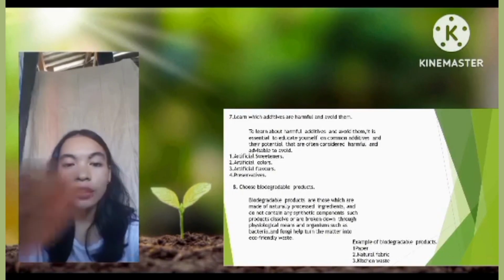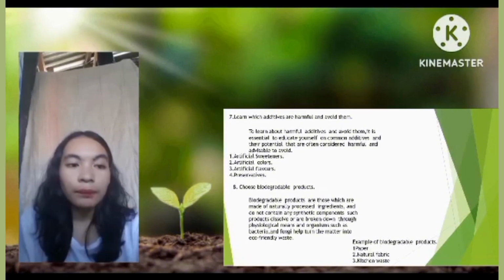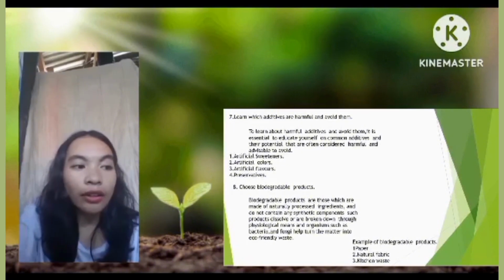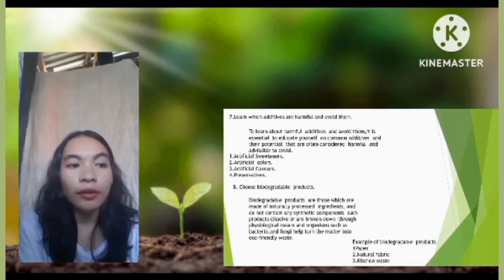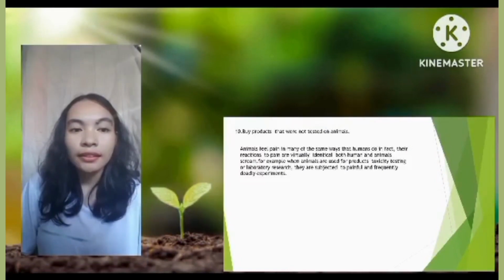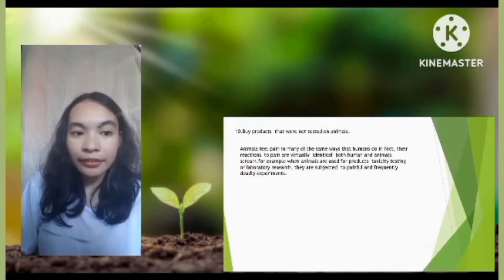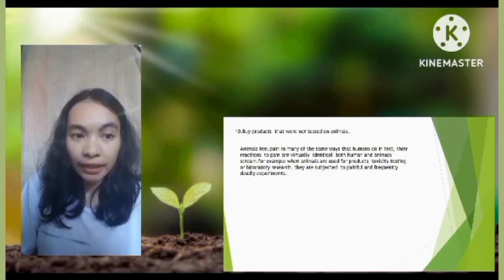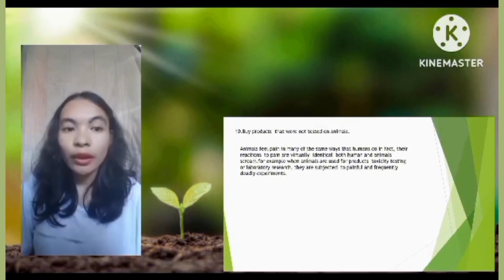Even if you do not own a garden or a cattle farm, you should avoid throwing away products that were tested on animals. Animals feel pain in many of the same ways that humans do.